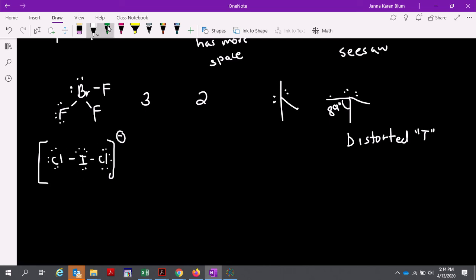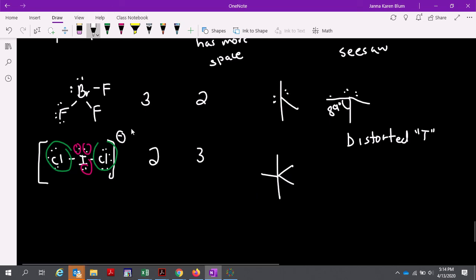I have 2 bonding groups here, right? The 2 bonding groups and 3 lone pairs now. 1, 2, 3. So 2 and then 3. And I really do like to always sketch out that general electronic geometry because it always reminds me where things come from.